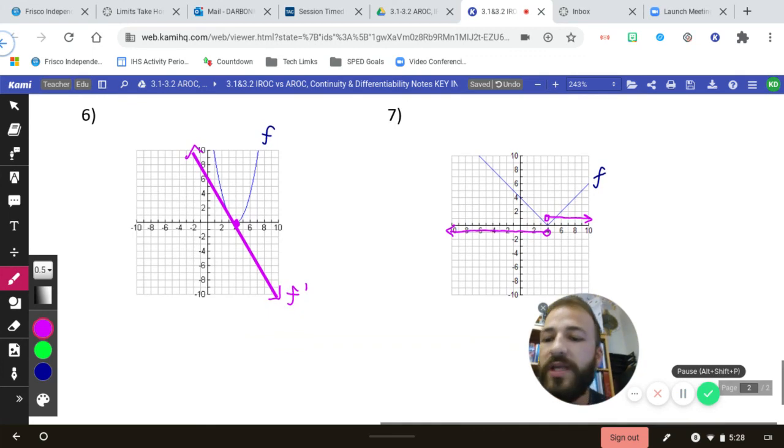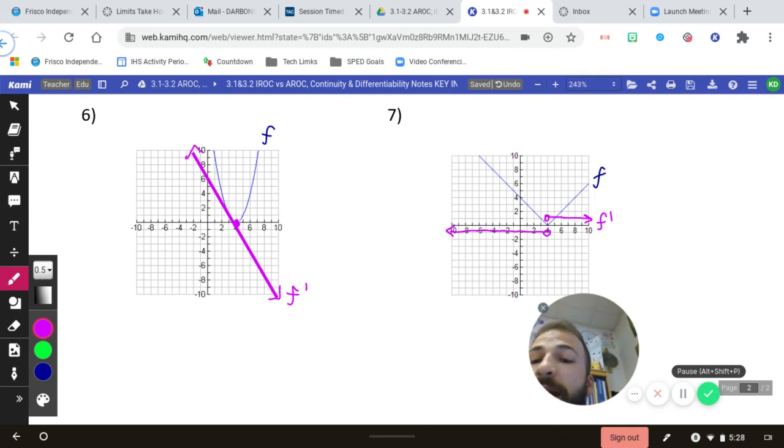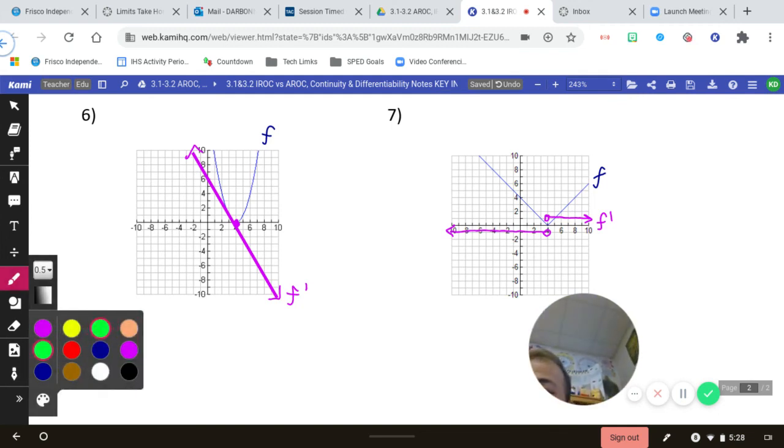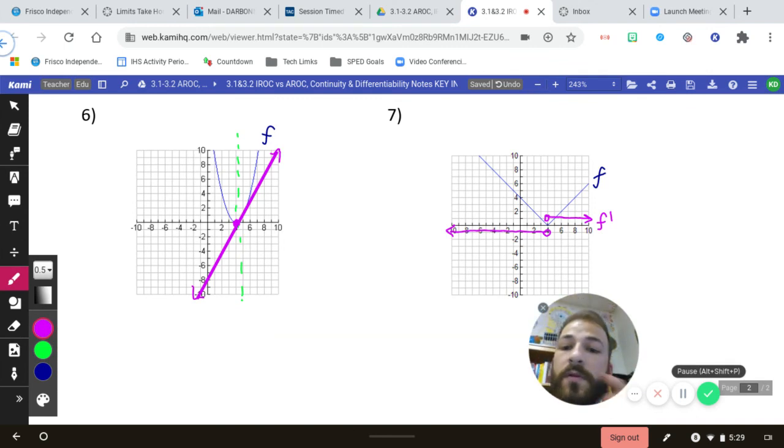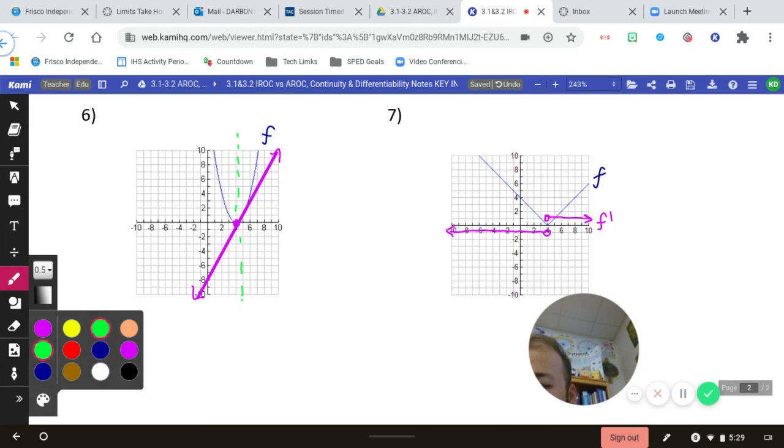All right, y'all, so hopefully this is what you got for f and f prime. On 6, for my parabola, I'm going to split it down the middle. Here to the left are my negative slopes. Up here at 1 would be a really negative slope. Then at 2, my slope would be a little less negative. Then at 3, it would be a little less negative, until right here at 4, my slope would be 0.